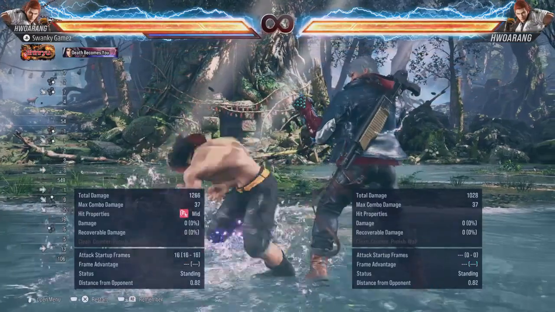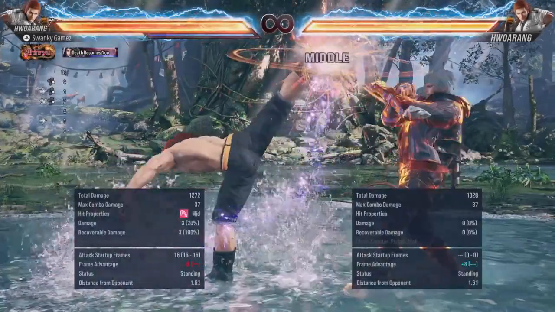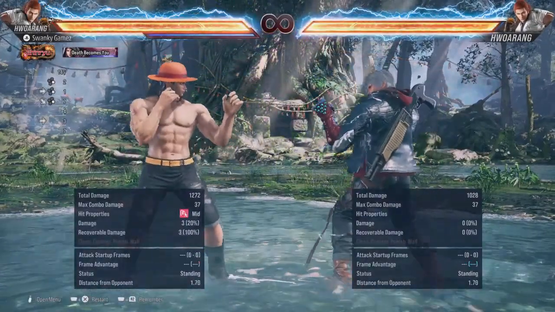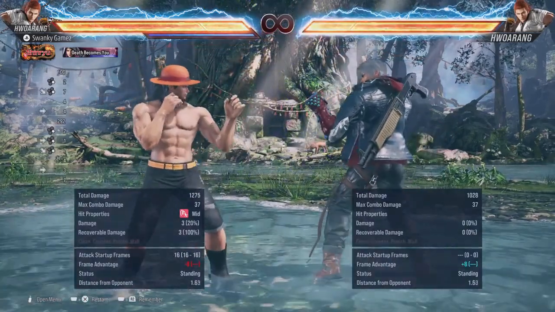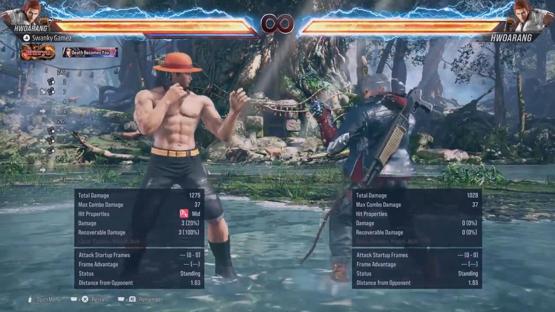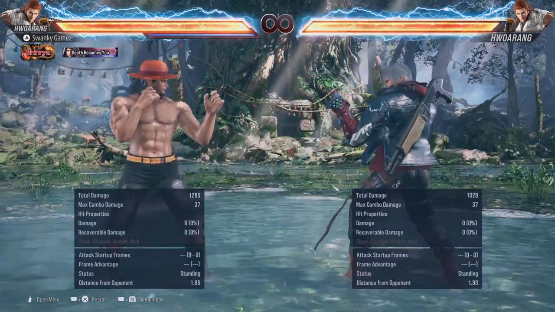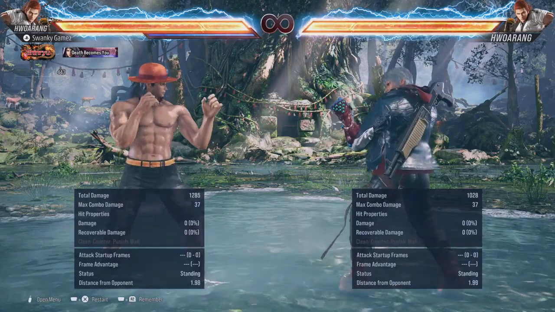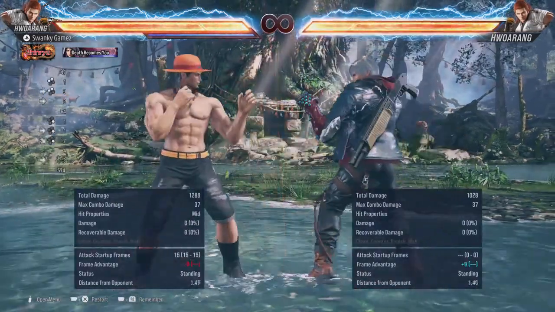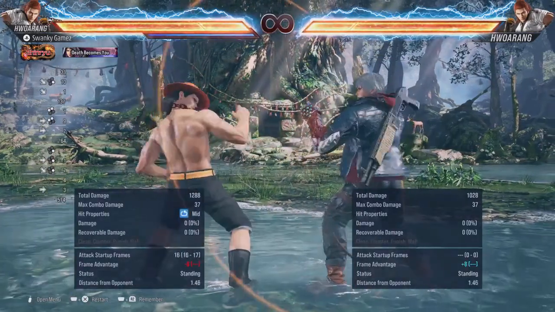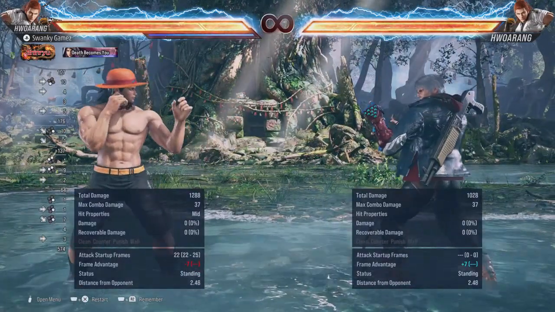Or another example would be JFSR, a very, very big move in Hwoarang's arsenal. And what's more is at -8, it's completely safe. And this move arguably is one of the best ways to get some bonkers damage when it comes to his combos. These are big moves that pose very little risk. And, you know, his backlash, his forward 1+2, down forward 4 homing move, right foot forward, forward 3, and so on.